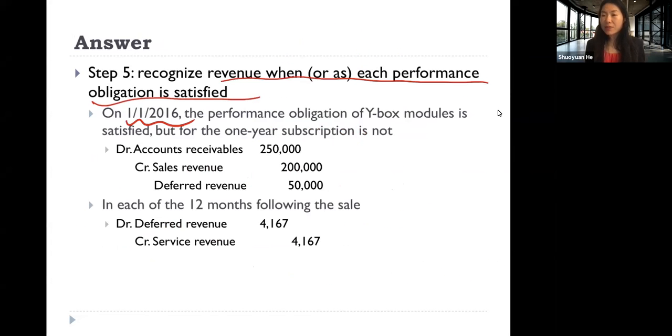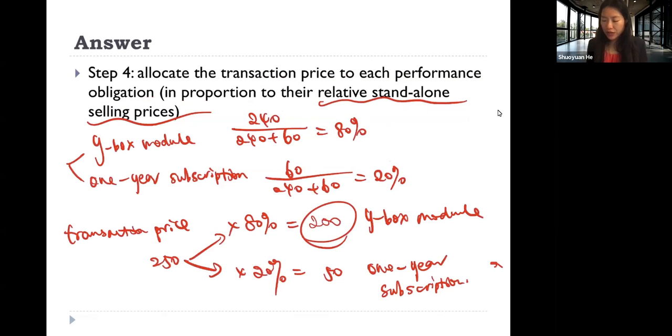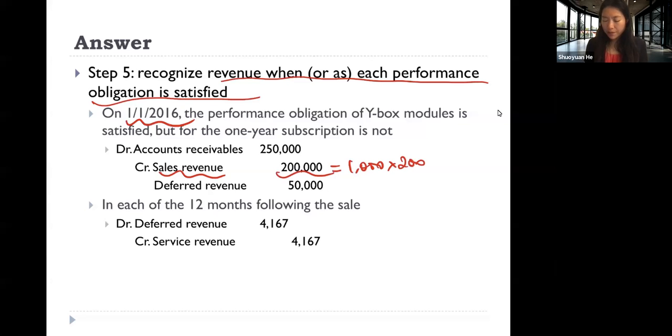That's when this performance obligation is satisfied. So the journal entry we make here is we recognize sales revenue for the 1,000 white box modules, and the price allocated to each one is 200. And then on this date, the company also has an account receivable of 250.